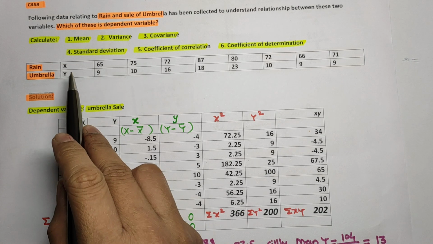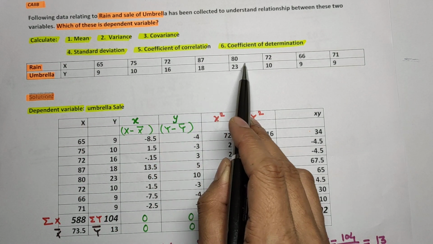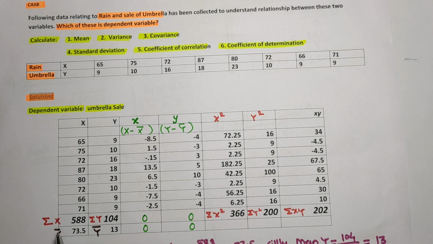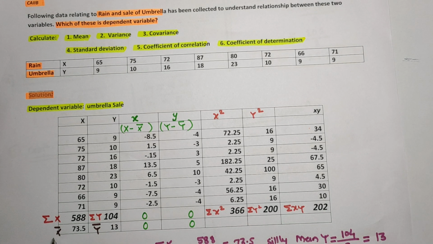You can observe here 1, 2, 3, 4, 5, 6, 7, 8 values they have given. So what is x bar? We have already discussed, it is the mean or the average. So 588 divided by n, that is, here n is equal to 8, so you will get x bar.